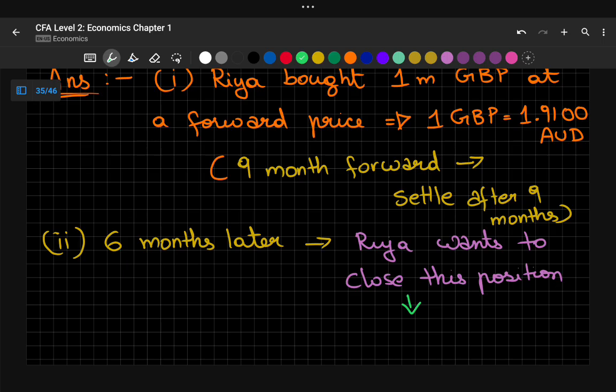To close the GBP long 9-month forward position, Ria will have to enter an offsetting position, that is, an equal and opposite contract.